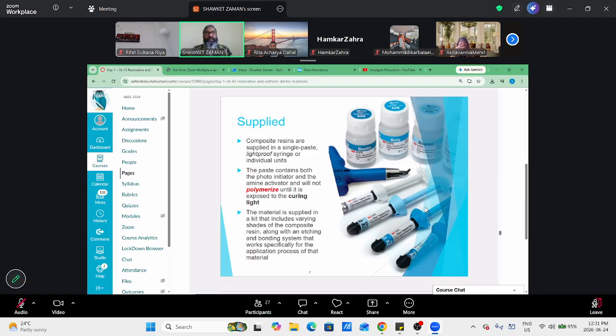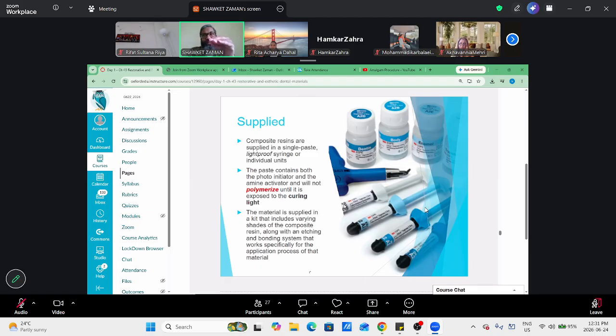As I mentioned, the materials are very soft and pliable, because if it is not soft and pliable, it is not possible to apply in the patient's mouth. In order to put it in the patient's mouth, we have to make sure that our material becomes very soft and pliable.